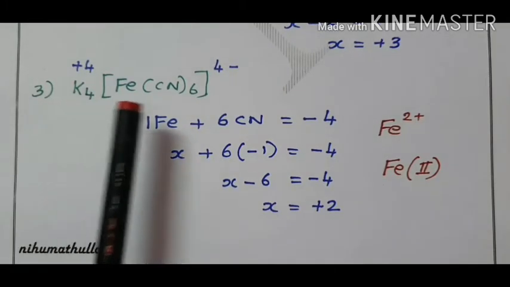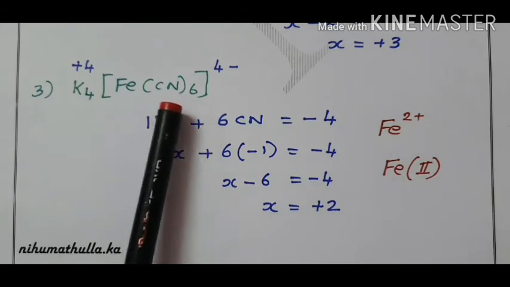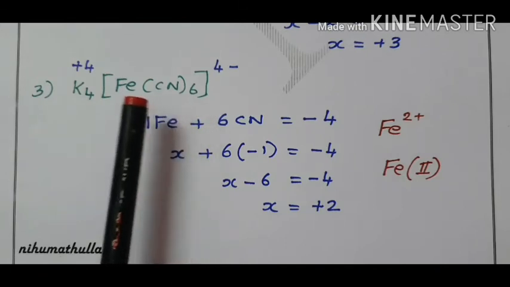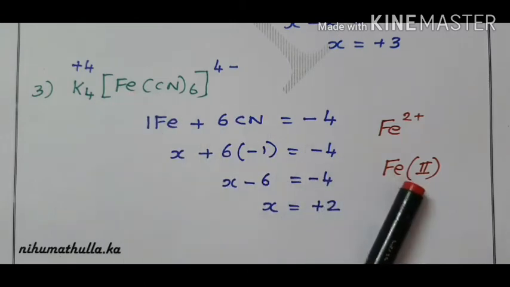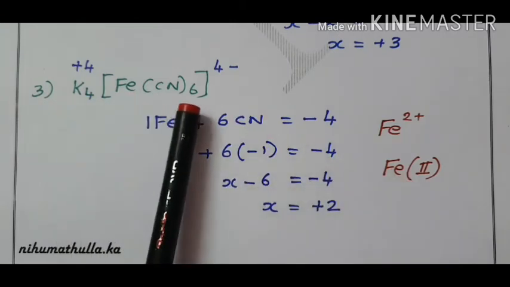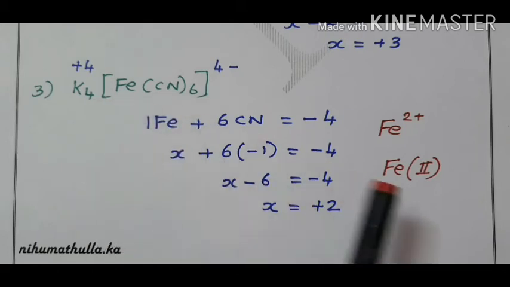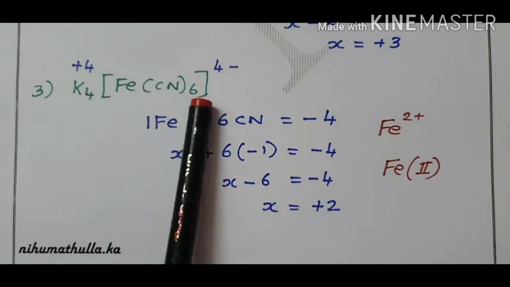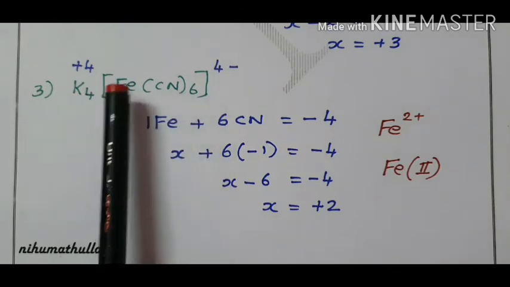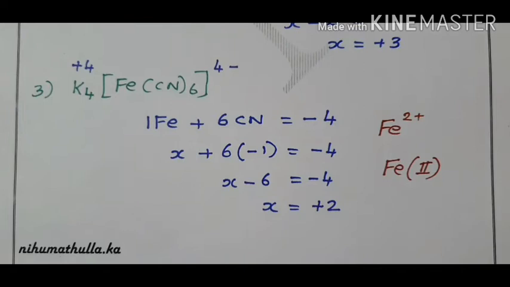Potassium hexacyanido-kappa-C ferrate(II). That kappa C indicates the donor atom is carbon, because CN is an ambidentate ligand.